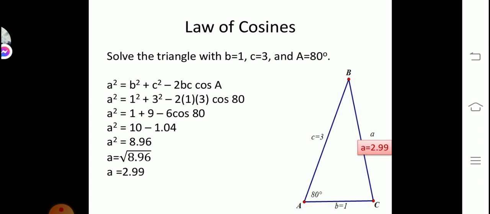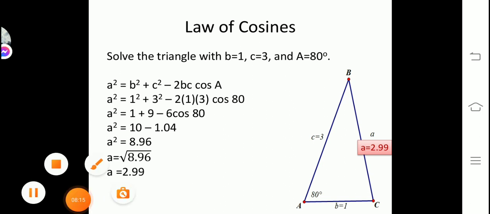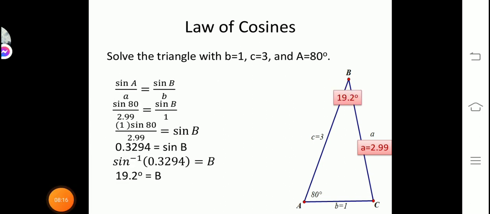So a equals the square root of 8.96. So a equals 2.99. Now solve for the angles with b equals 1, c equals 3, and A equals 80 degrees. So sin A over a equals sin B over b.